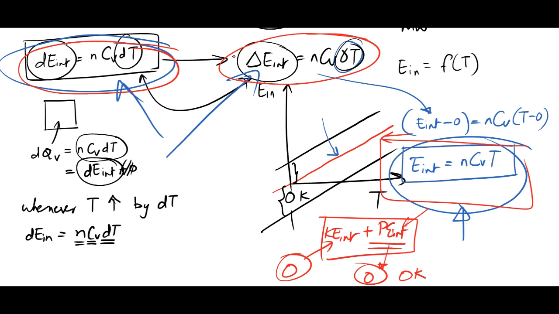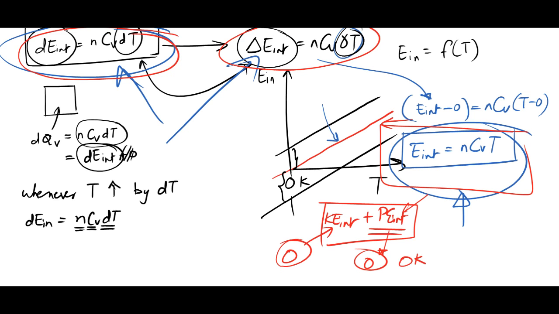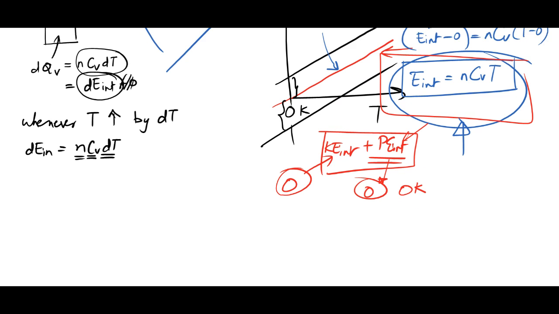So if you ask me the absolute internal energy, the second formula, E internal is equal to n Cv T, is more widely used than the difference formulae, and the difference formulae can easily be derived from the absolute formula. So I would suggest that you remember the absolute formula.